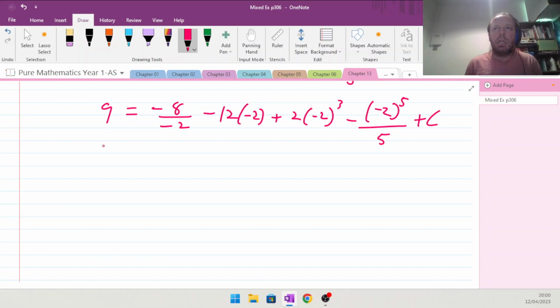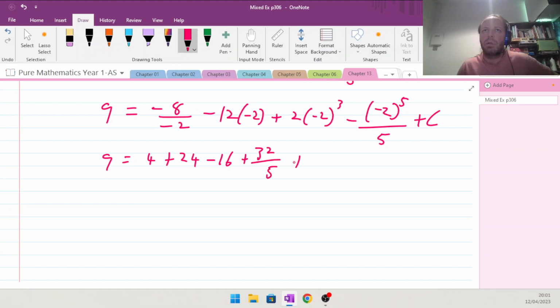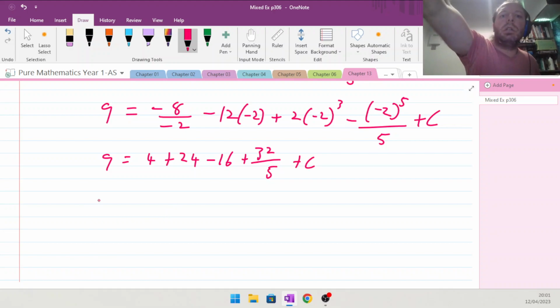So we've got 9 equals 4 plus 24. That's minus 8, so 16. And then 2 times 2 is 4, 4 times 4 is 16. Minus 32 over 5 plus c?